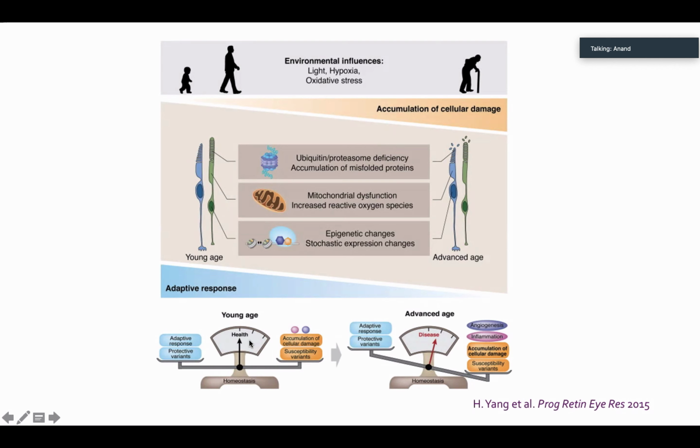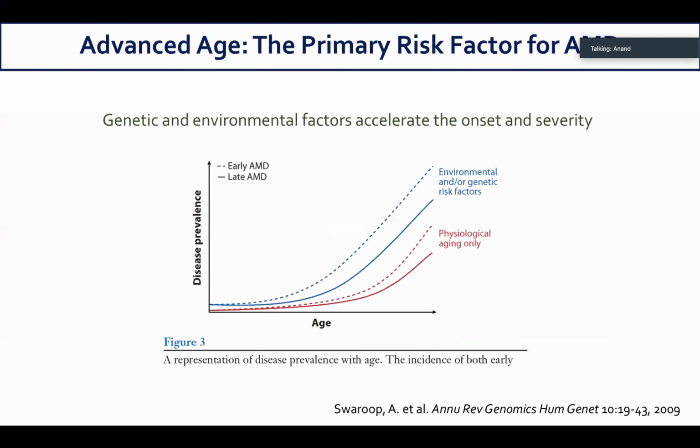So it's a sort of yin and yang, a balance: at young age we are able to take care of everything. Now if you combine this with genetics, then it makes it even more fascinating and interesting with respect to the disease process, what is going to happen if things go off balance.